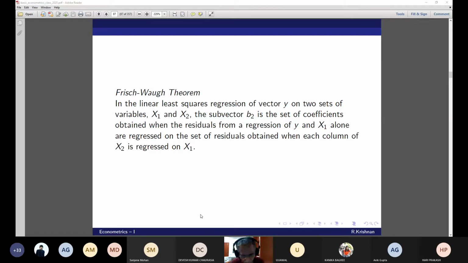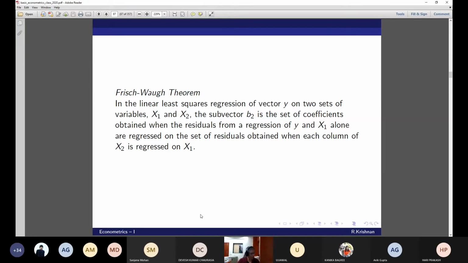So we take x21 on x1, x22 on x1, and then what will be the third step? The third step: we obtain one residual from the first equation, that is y on x1, and the second we get by regressing each x2i on x1. Then we regress both of the residuals, and then we obtain the respective betas.